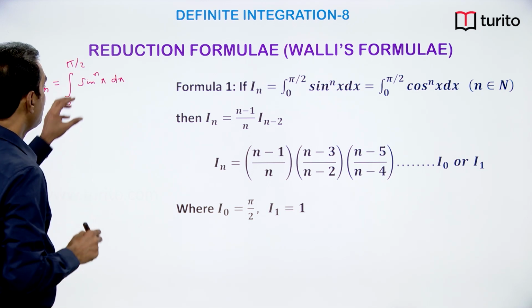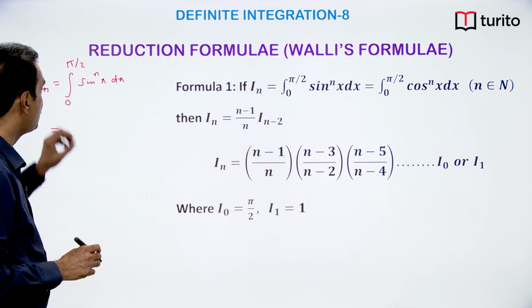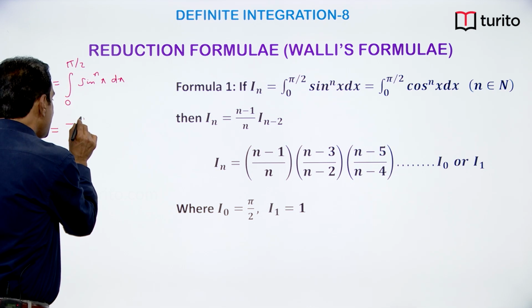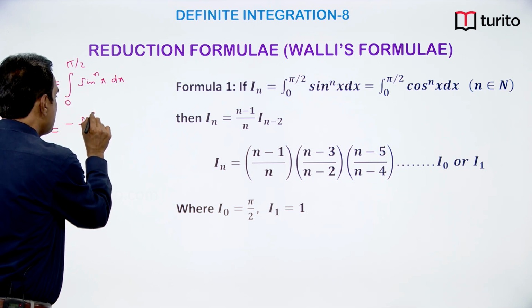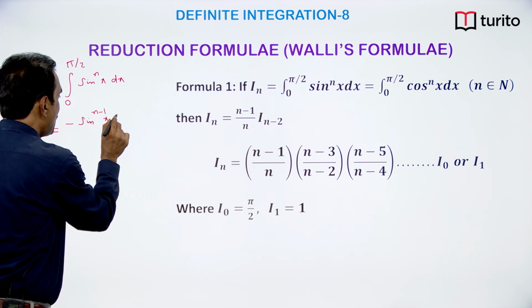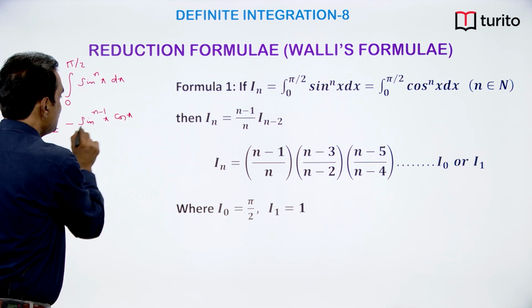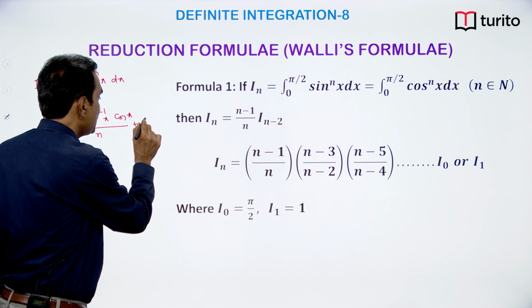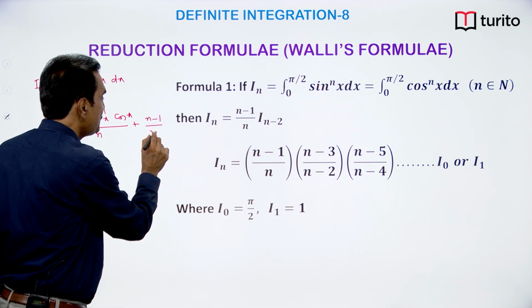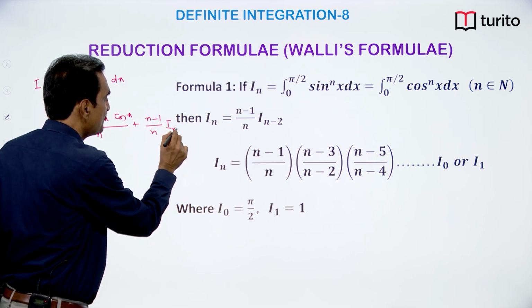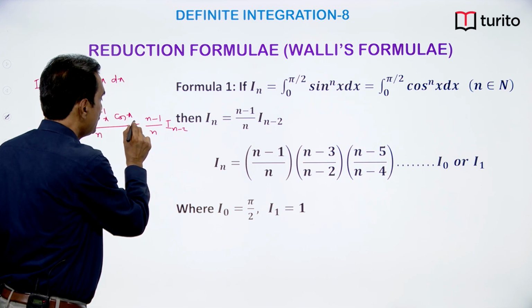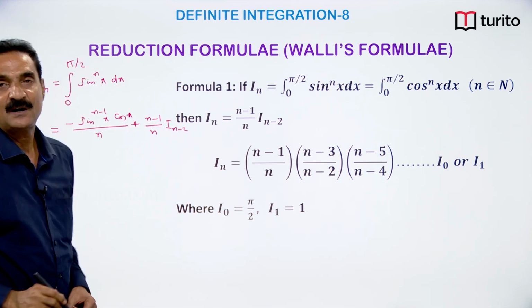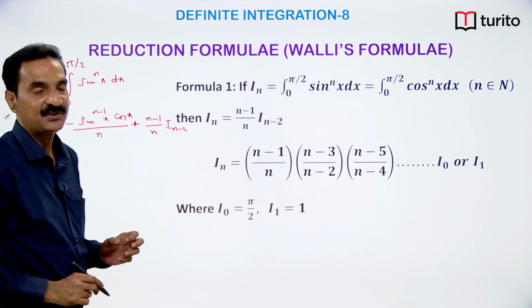What is the reduction formula in indefinite integration? We have derived minus sine power (n minus 1)x cos x by n plus (n minus 1) by n into I(n minus 2). This is the formula we have derived in indefinite integration.